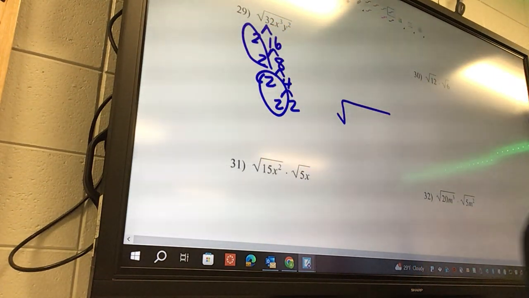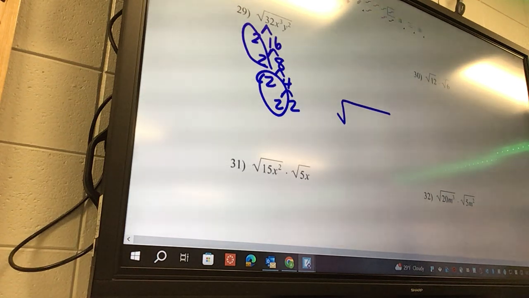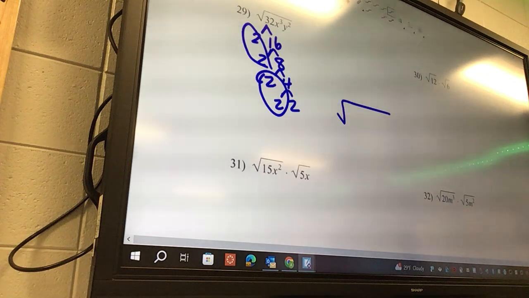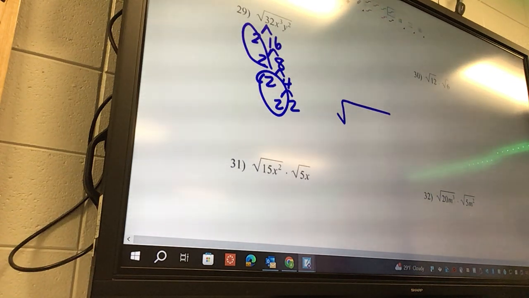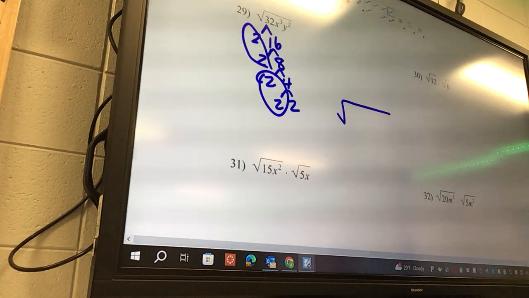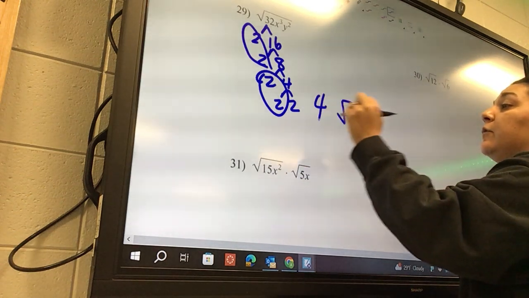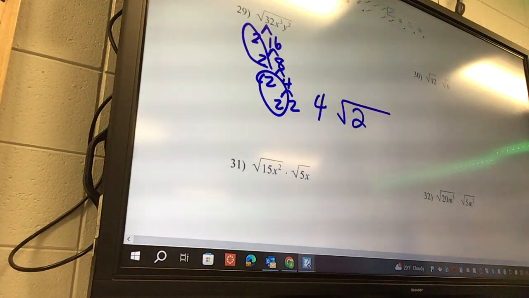So what number is that going to give us on the outside? 2. So think, how many would we put on the outside? 2. And what would you do with them? Multiply them. So what number are you really going to get on the outside? A 4. Okay, so 4, 2 on the inside.